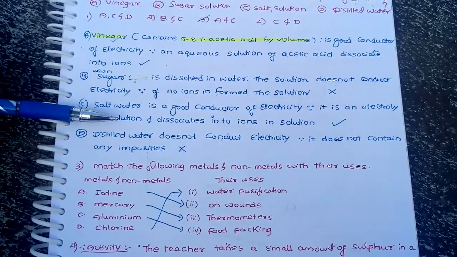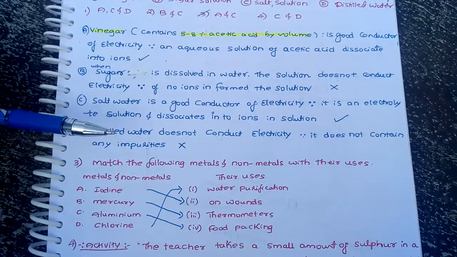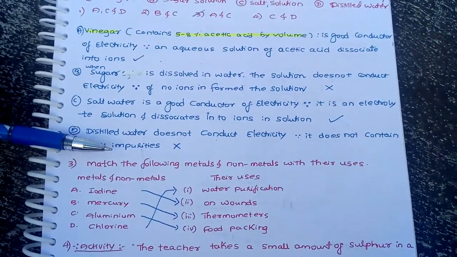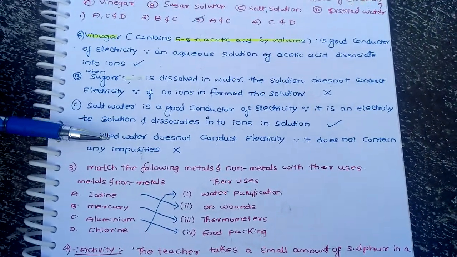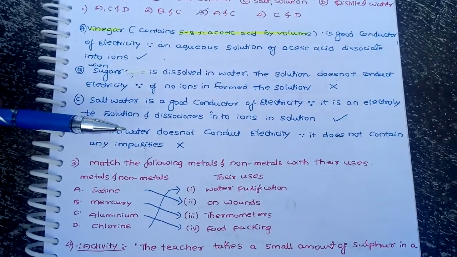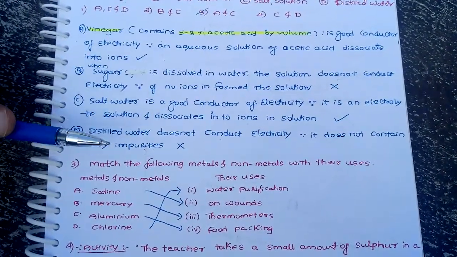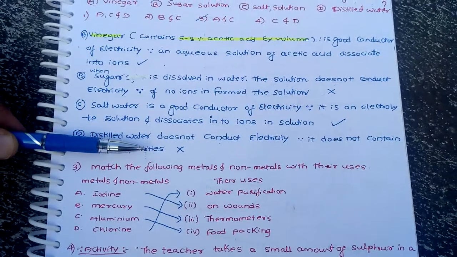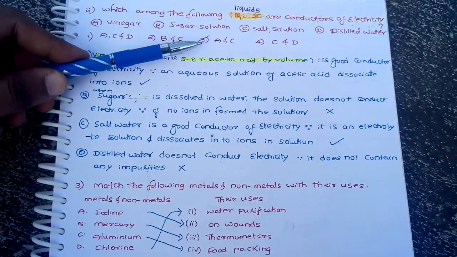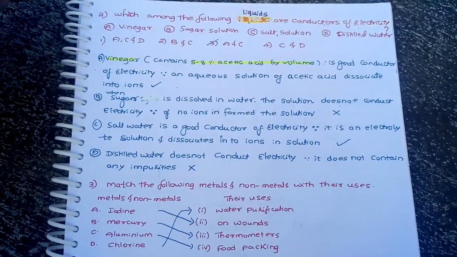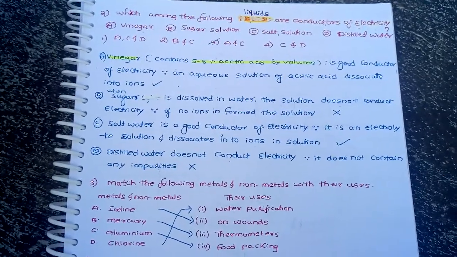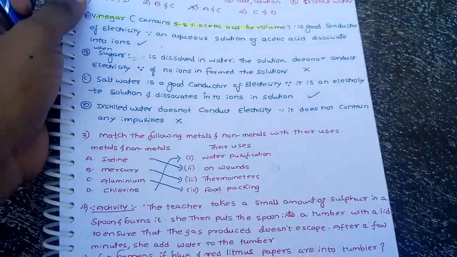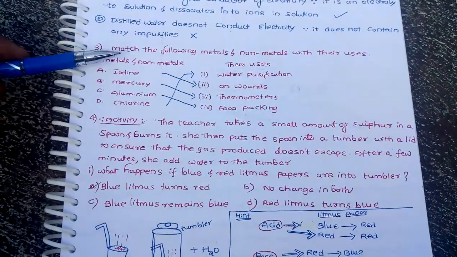Therefore salt water conducts electricity. And distilled water does not conduct electricity because it doesn't contain any impurities, meaning it has no minerals, so it does not conduct electricity. So our answer is A and C, that is vinegar and salt solution, that will conduct electricity when dissolved. And match the following.